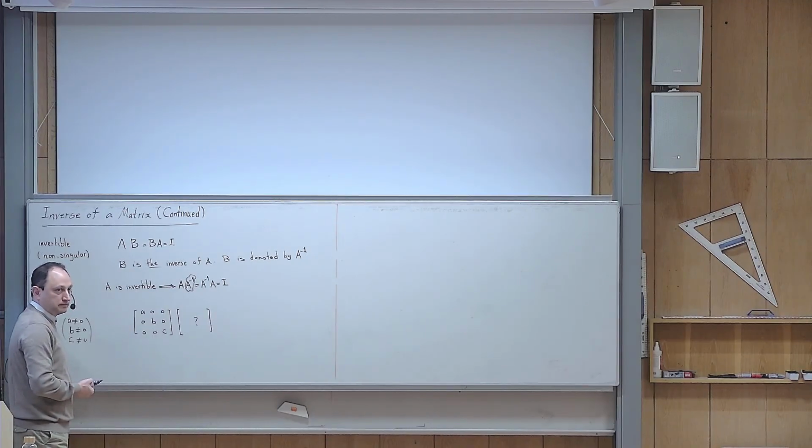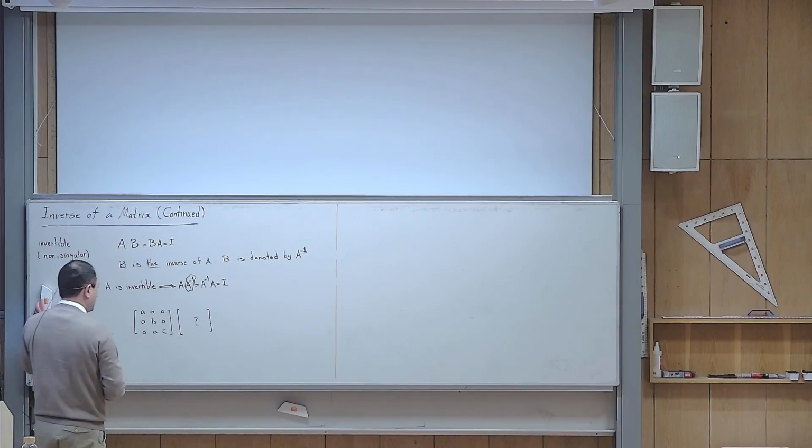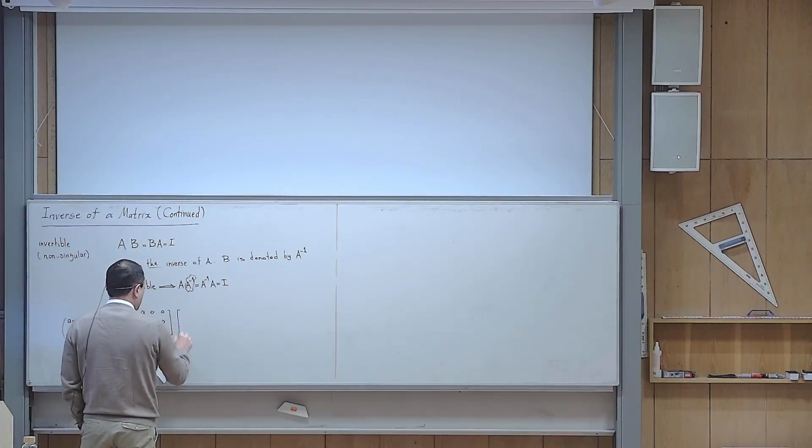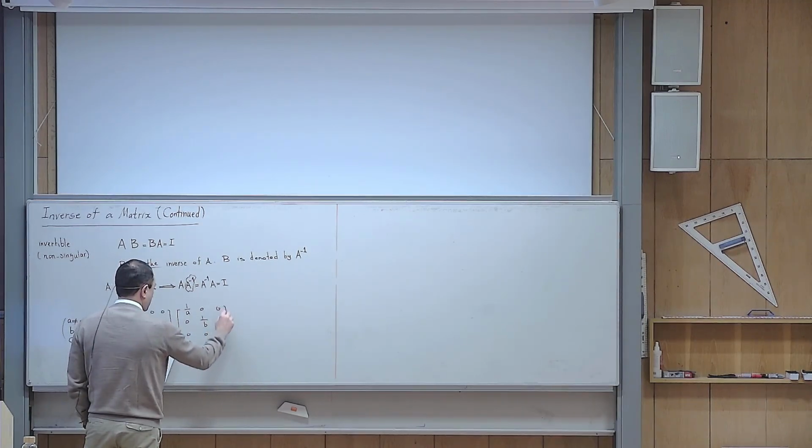Would it be 1 over a, 0, 0, 0? Yeah, exactly. So that is the idea. If you multiply this by a matrix like this, yes.